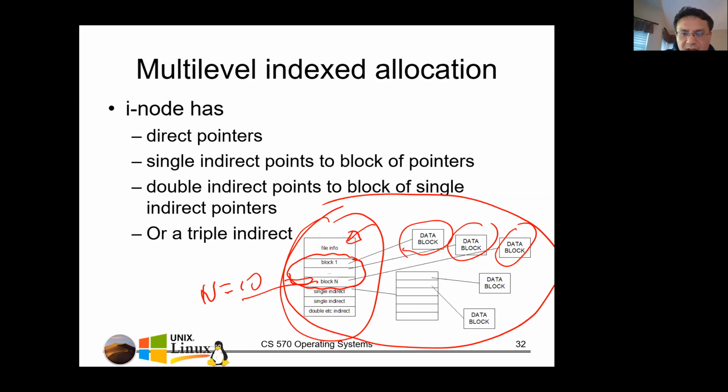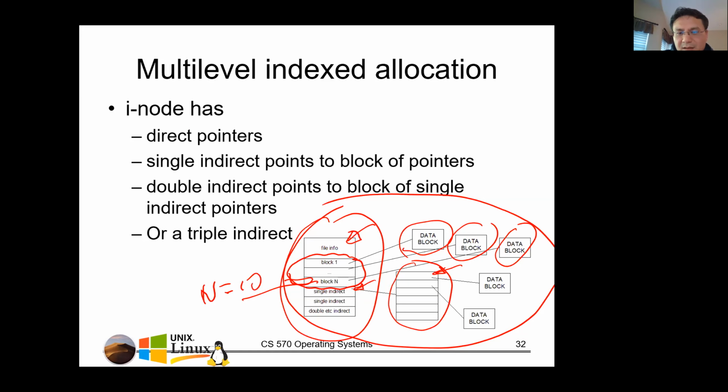Then you would have a number of single indirect pointers. What do we mean by single indirect? Each single indirect pointer points to another table, with each entry in that table pointing to a physical data block.